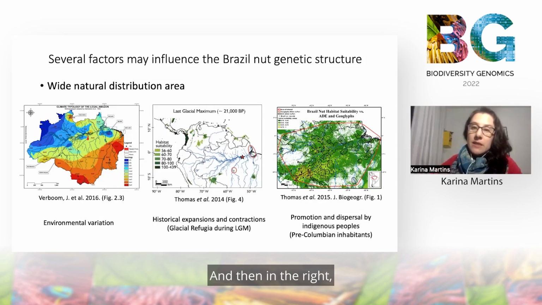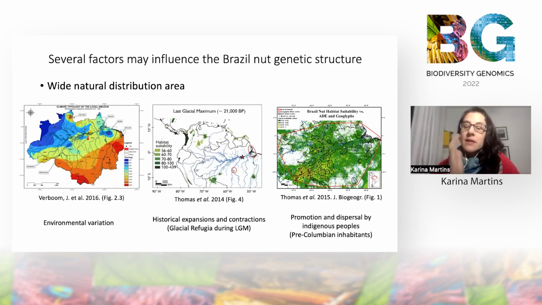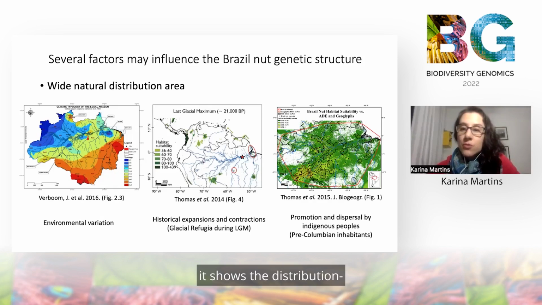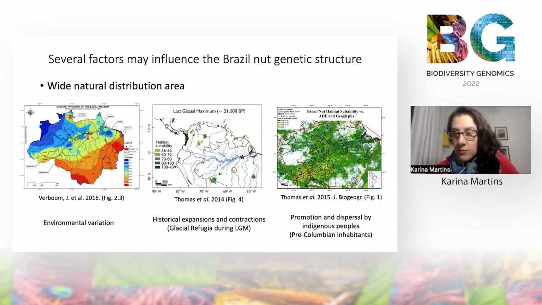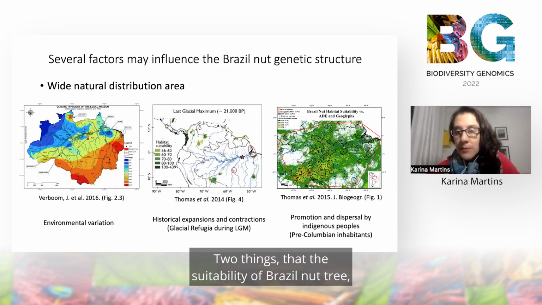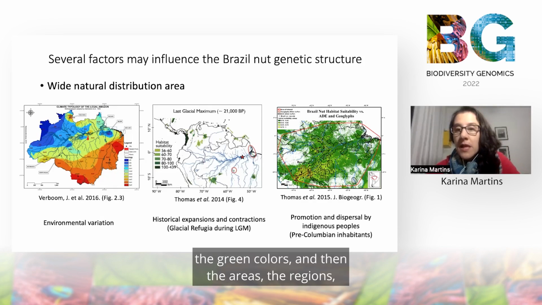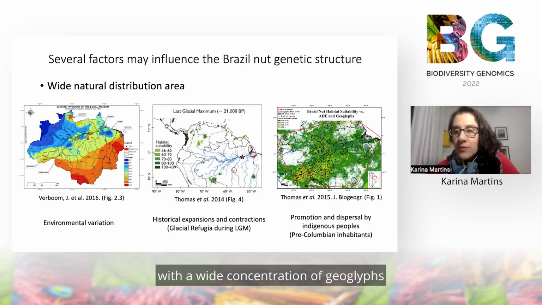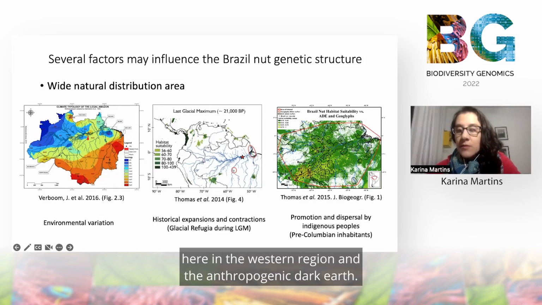And then on the right, it shows two things: the habitat suitability of Brazil nut tree, the green colors, and then the regions with a high concentration of geoglyphs here in the western region, and the anthropogenic dark earth.